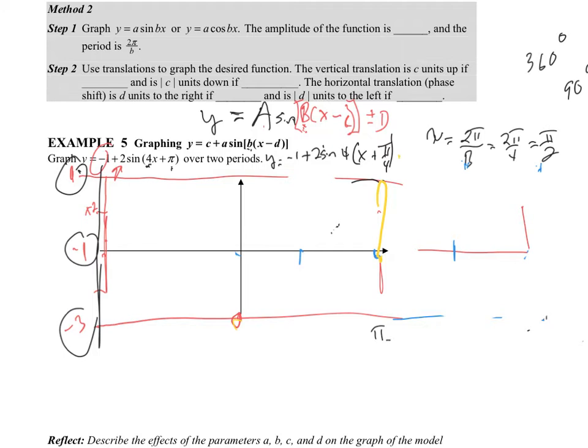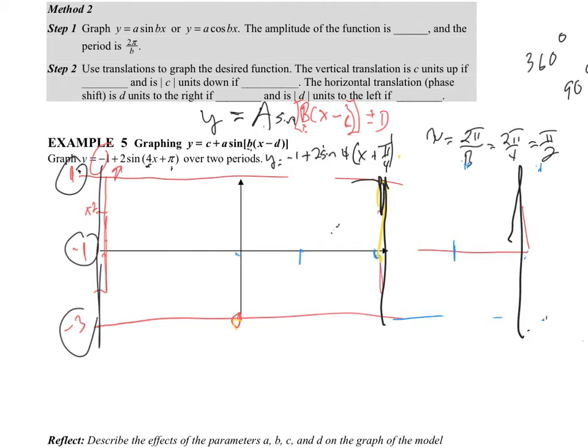Okay. All right, and so here's going to be a cycle. Here's going to be a cycle. Oh, by the way, this won't be 0 anymore either.